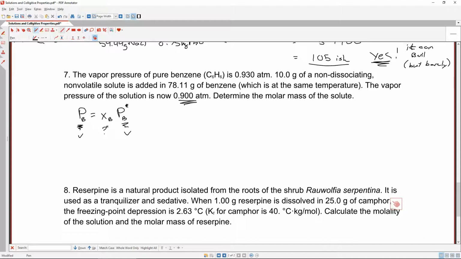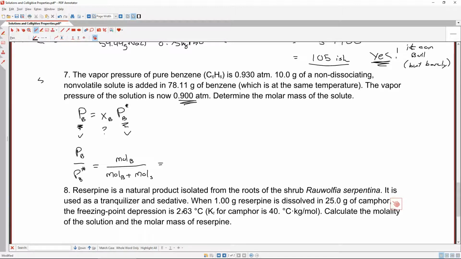So let's divide by the pure component vapor pressure, right? PB over PB star. Right, and let's expand our mole fraction, right? So this is moles of benzene over moles of benzene plus moles of stuff. I'm going to call it S. Right, the other stuff in there.